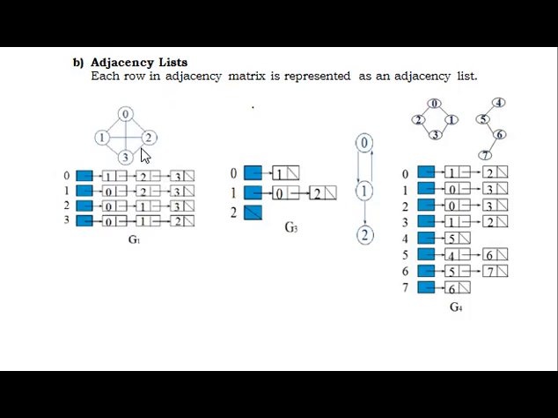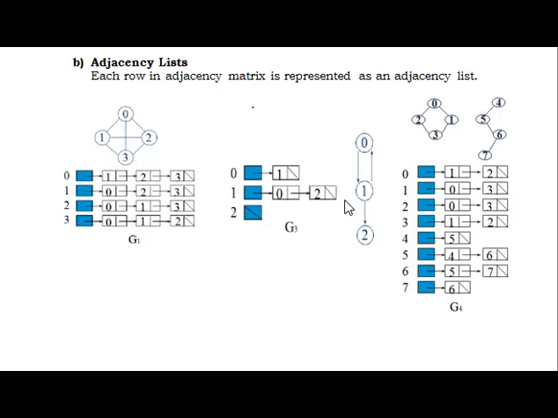Then the second node is possible to visit vertex 0, vertex 1, and the third vertex here. Then finally it is represented as a null value. Then the third vertex is possible to visit 0, 1, and 2. So we list it out based on linked list.